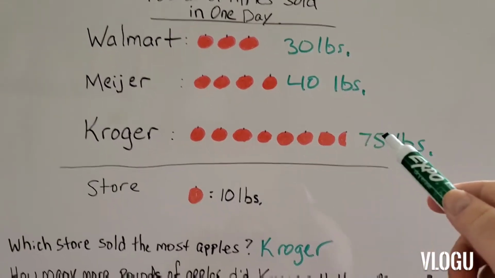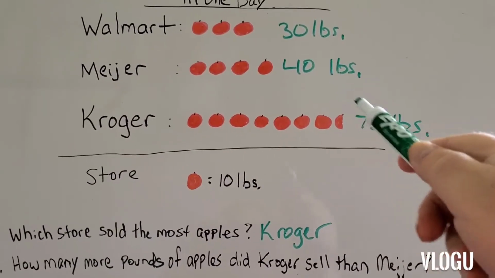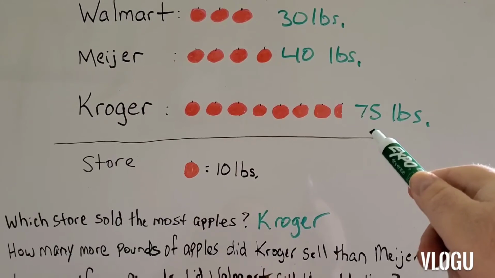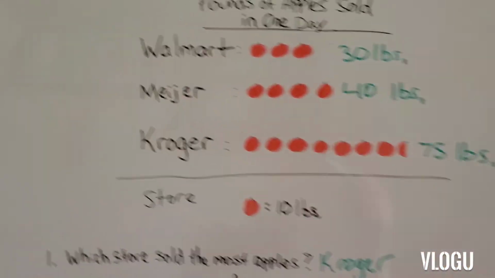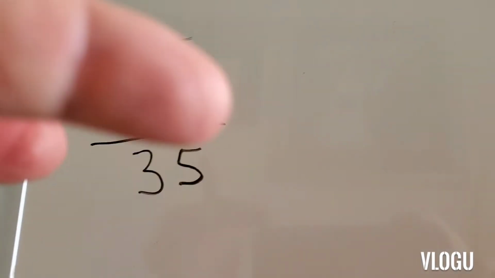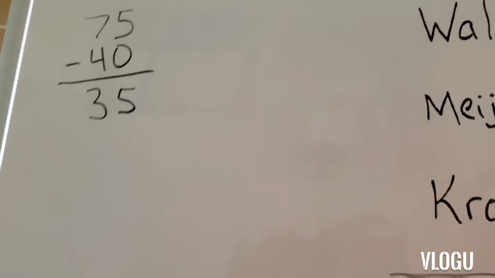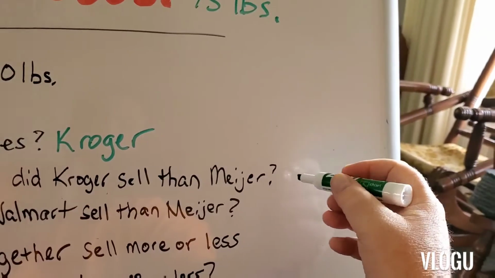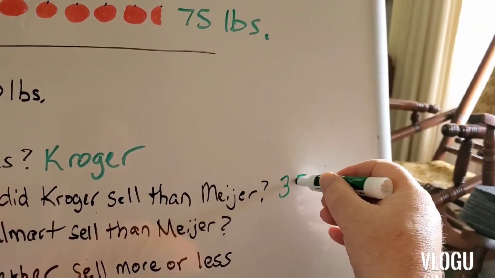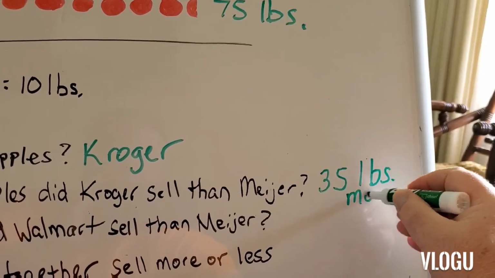If I want to know how many more pounds Kroger sold, I'm going to take the Kroger number and subtract the Meijer number. Over here we have the Kroger number minus the Meijer number for an answer of 35. So Kroger sold 35 pounds more.